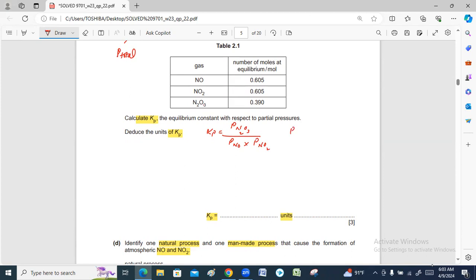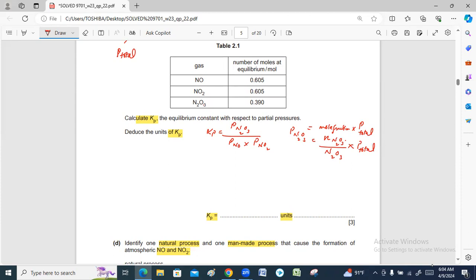The partial pressure of any gas can be calculated by multiplying the mole fraction with P total. The mole fraction is the moles of that individual gas over total moles, and then if you multiply with the total pressure, you will get the partial pressure.